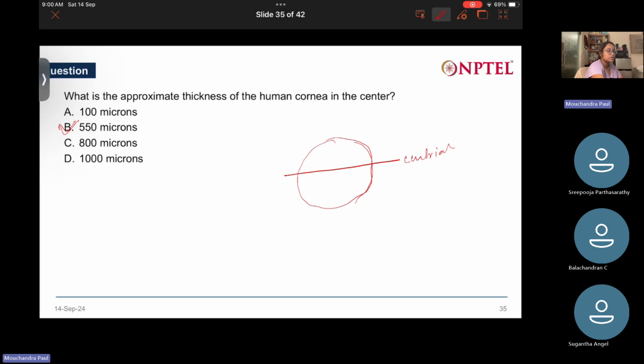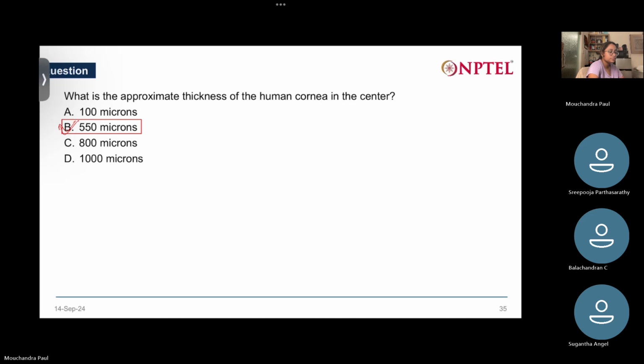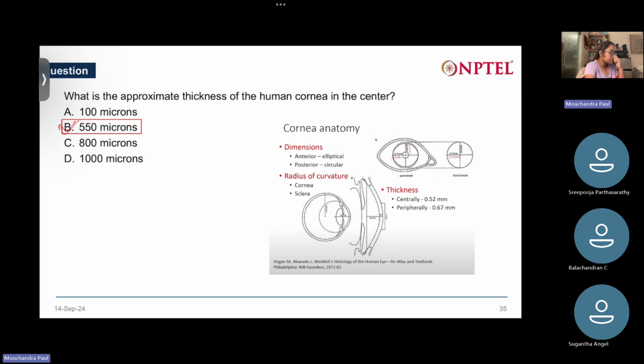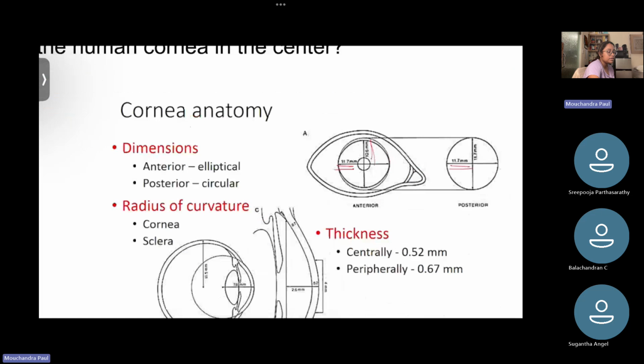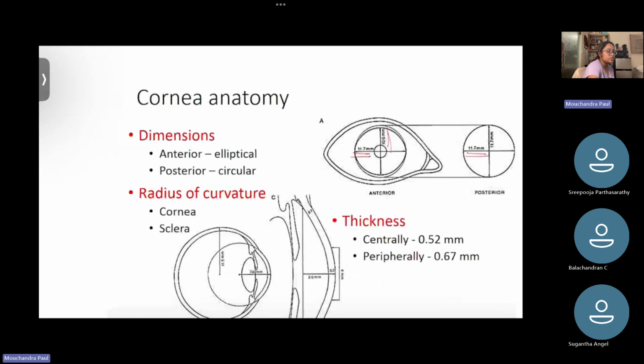it's around 550 micron. So from the lectures, I have taken this slide. Let me show you. This is the slide from the lecture that discusses the dimensions of the eye. This is the anterior portion, and this is the posterior portion.